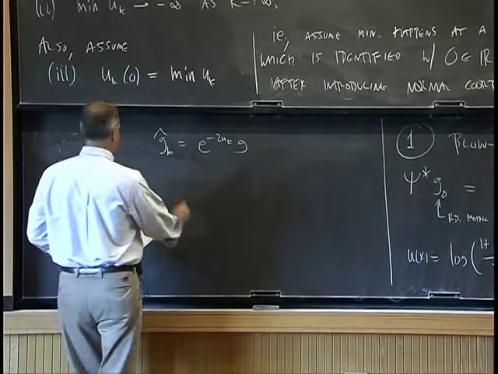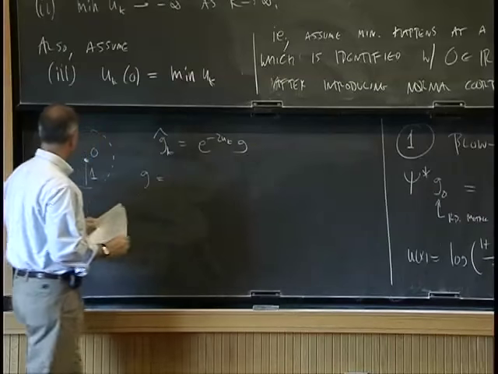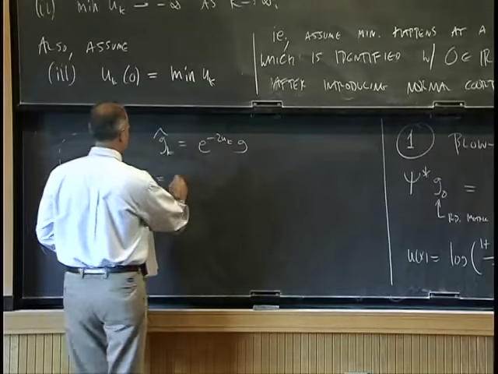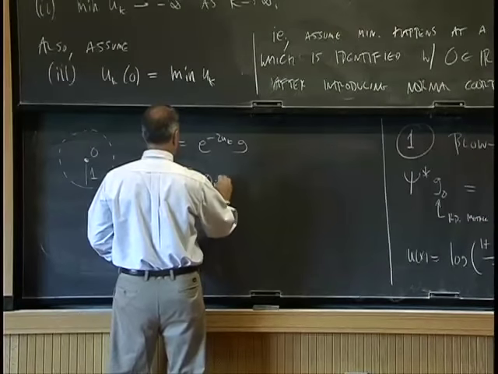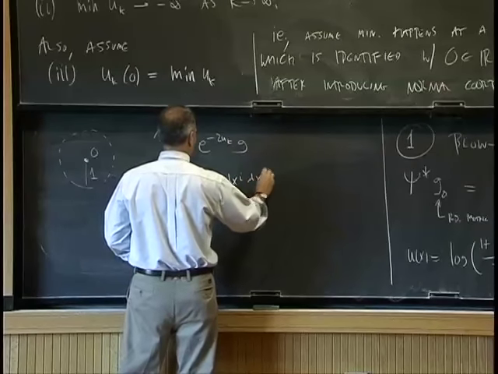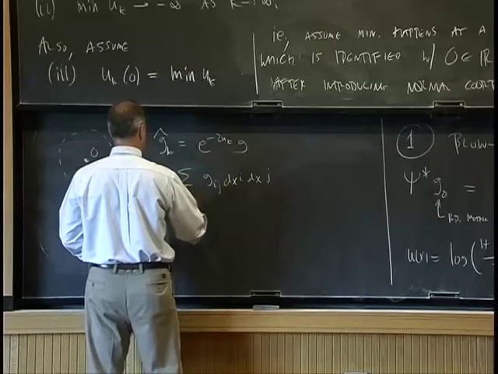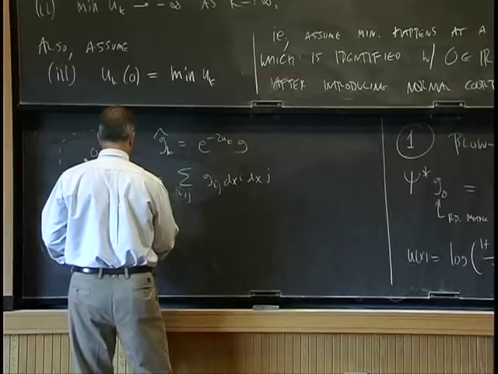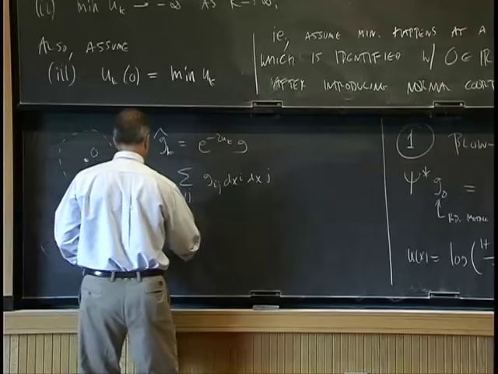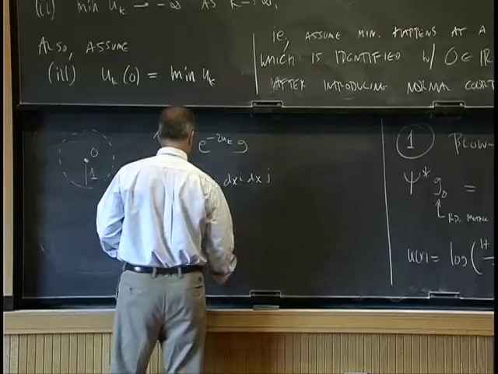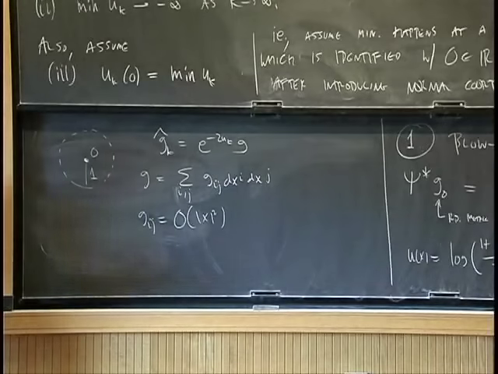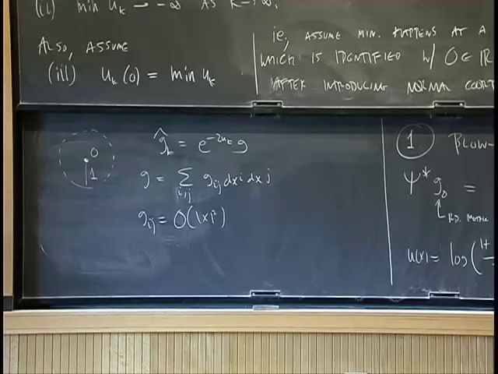Now, G, we choose normal coordinates, so we assume that locally we can write G in this way, g_ij, where the components of G are big O of x squared. So the coordinate system is normal.